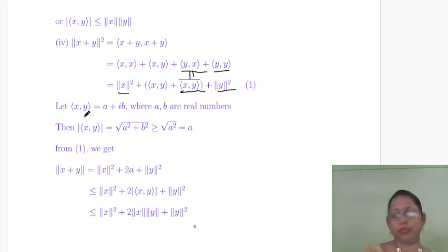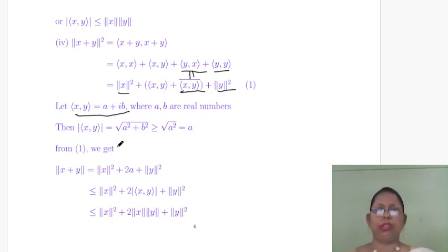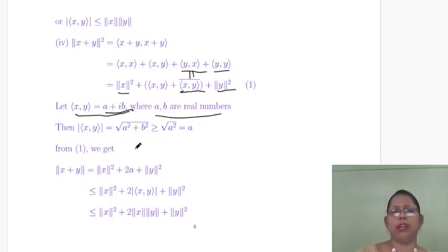Now I consider the inner product of x, y as a complex number a plus ib, where a and b are real numbers.